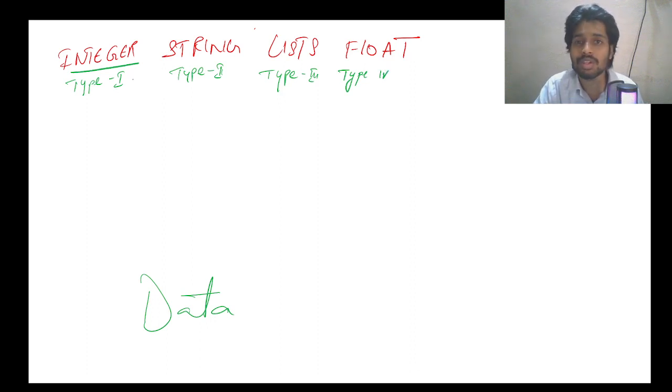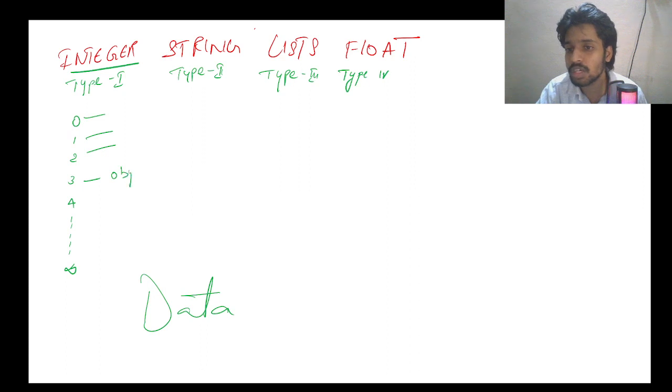Then what do we call the objects? I just said that objects are nothing but the real life entities. They are the real values. For the integers 0, 1, 2, 3, 4, and so on until infinity, each and every value is an object.